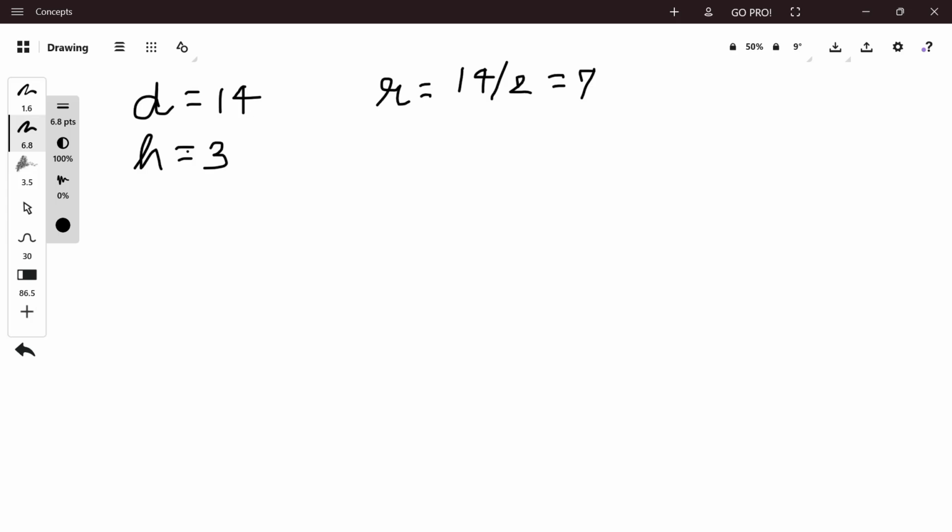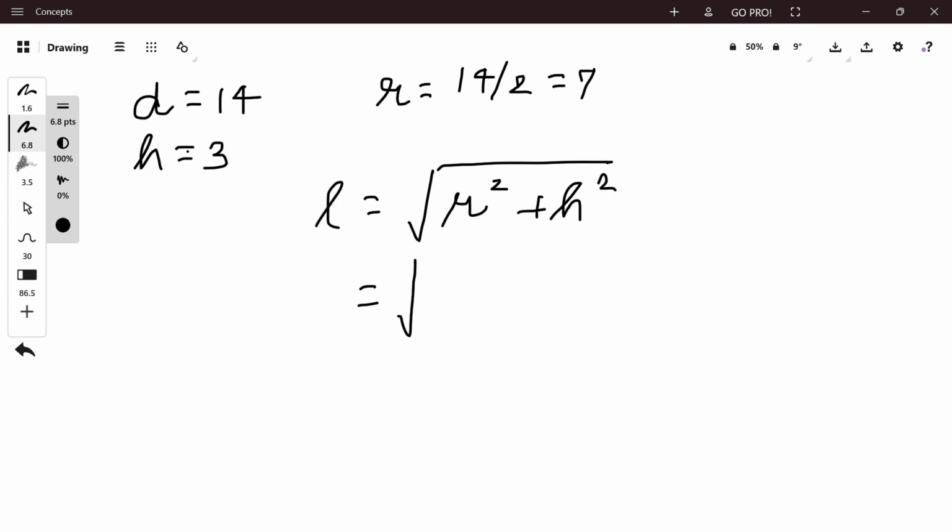The slant height can be calculated using the Pythagorean theorem, that is L is equal to root r square plus h square. Substituting the known values, we have root 7 square plus 3 square, that is equal to root 58.